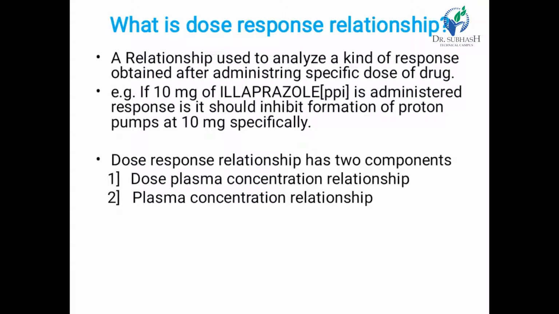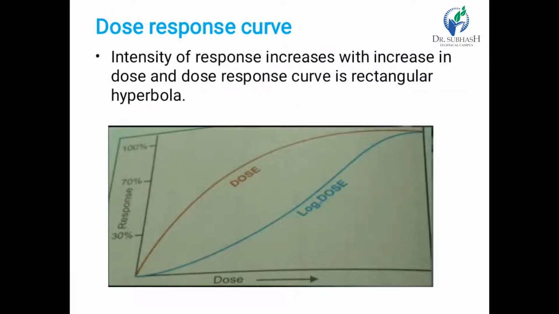For example, if you administer 10 mg of omeprazole, which is a proton pump inhibitor, then it should inhibit formation of proton pumps at 10 mg specifically. Now, dose response relationship has two components: dose plasma concentration relationship and plasma concentration response relationship.